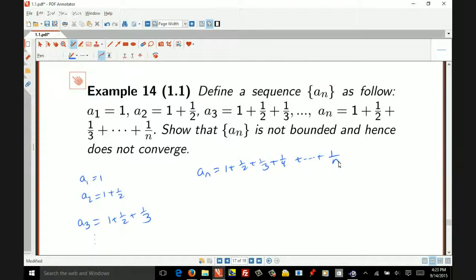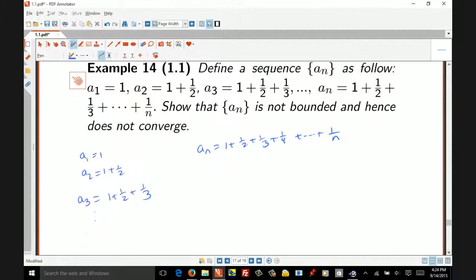I'm going to show you a reordering of this to show you that it's unbounded. First of all, A1 is equal to 1. A2 is 1 plus 1/2. A3 is 1 plus 1/2 plus 1/3. And let's see, I'm going to look at powers of A2 to the n. That's the trick.